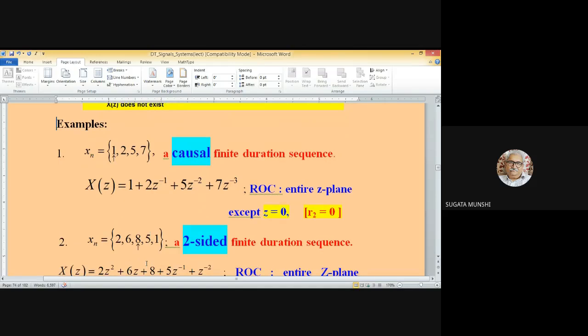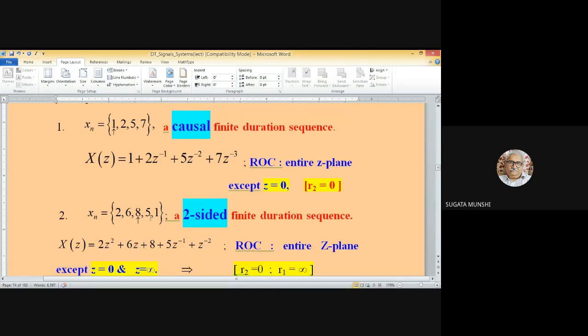Next, have a look at a two-sided finite duration sequence consisting of a finite duration causal component and a finite duration anti-causal component. So this is the way in which this can be represented. The sample values have been arbitrarily chosen. The vertical arrow is here, so 8 is x0. The sample values to the right of this vertical arrow will be x1 and x2.